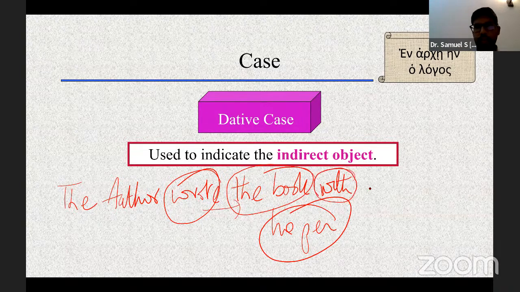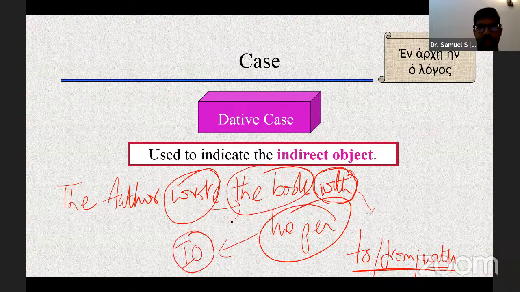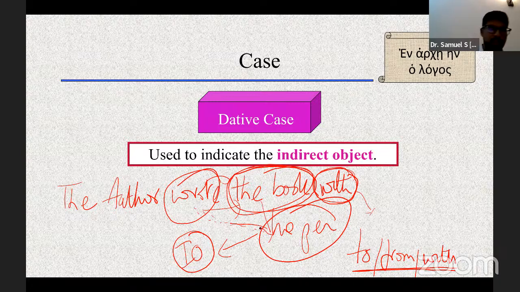Usually in English, whenever we see these little words like to, from, with, any word that comes after them shows that it is the indirect object. It's not directly receiving the action wrote. The book is the one directly receiving the action, but this indirect object is indirectly receiving the action.